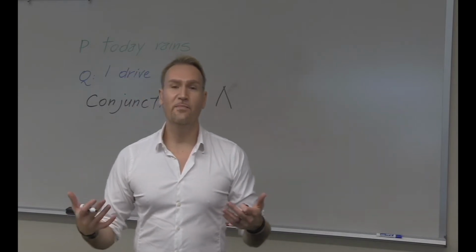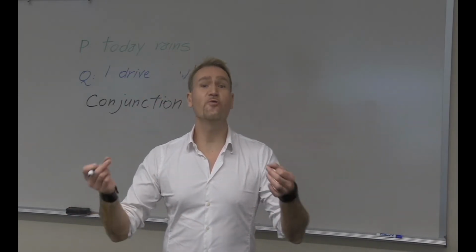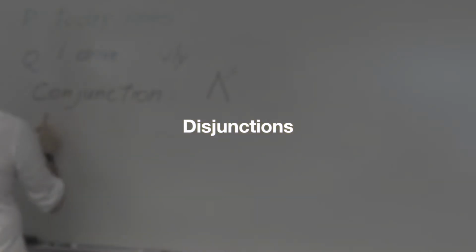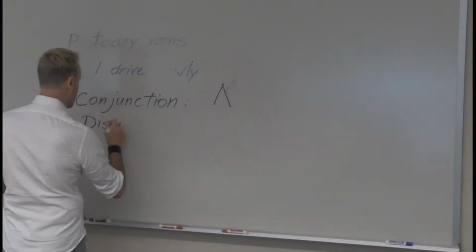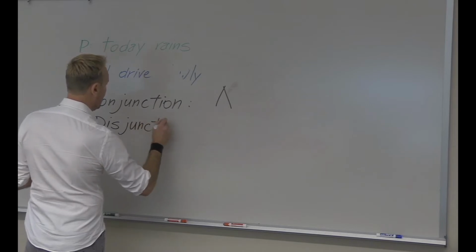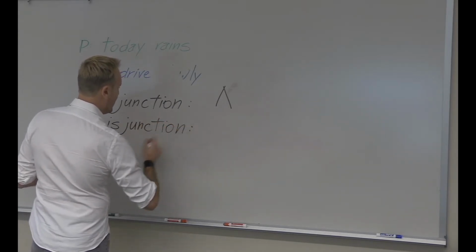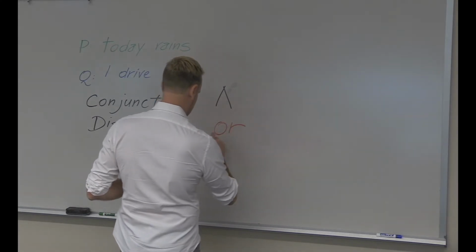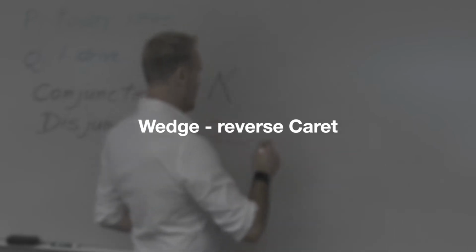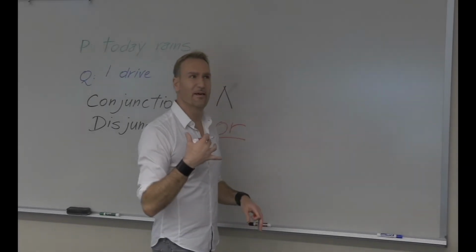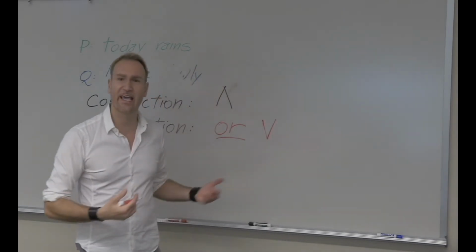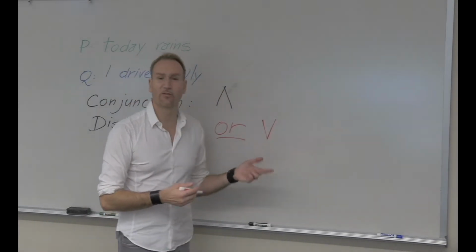If by conjunction we mean uniting together, now of course we will have the disjunction, which is no longer an and, but an or. Now this or is the opposite, well, aesthetically speaking. So it's the wedge or reverse caret, and it really looks like a V.